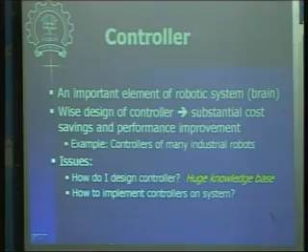Suppose you design the controller wisely, then it will improve the performance of the robot. And if you have no fundamental understanding about control and you are not designing a control properly, then it may badly affect the performance. Whatever task you want to achieve out of the robots may not be achieved. So it is very important that you think about the controller in depth for any type of robot that you design or you use.